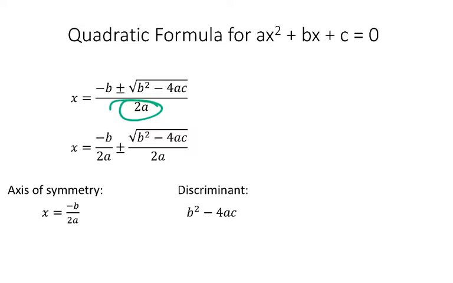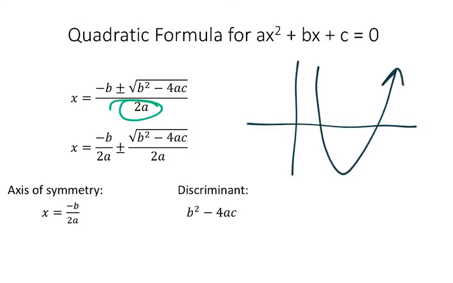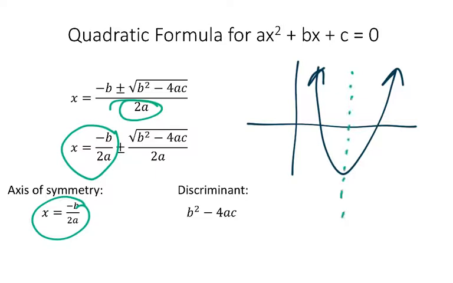And if you're looking at the graph, what's nice is that if you remember the quadratic formula like this, this is your axis of symmetry, that negative b over 2a. That's the thing that's going down the middle.